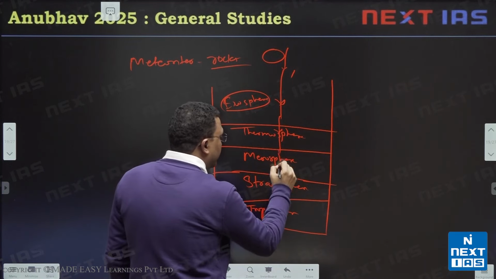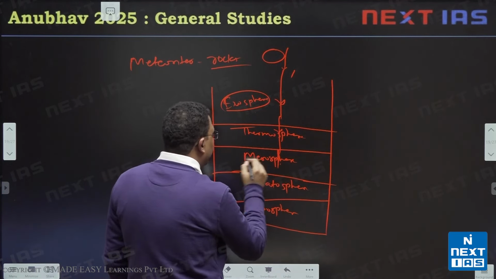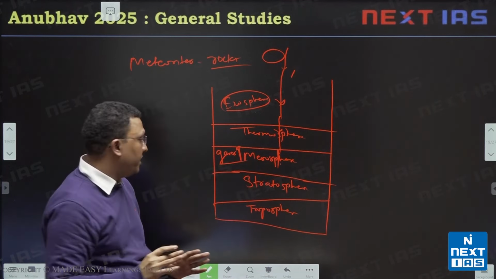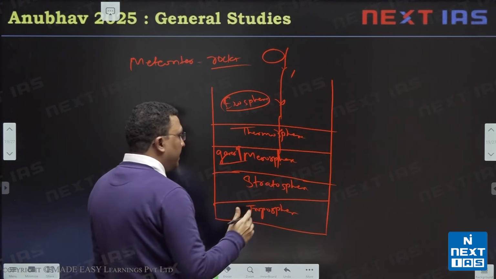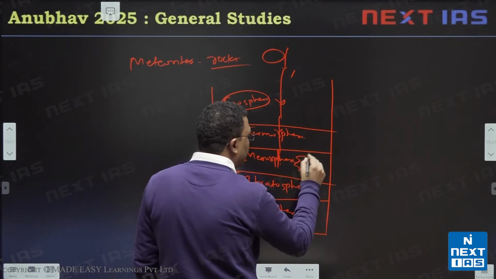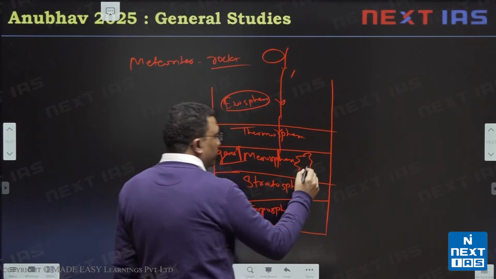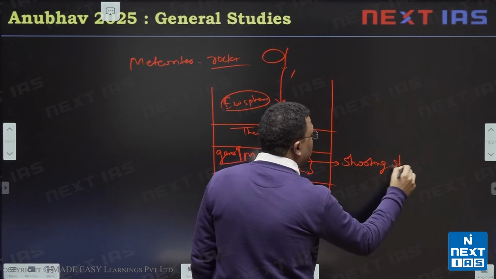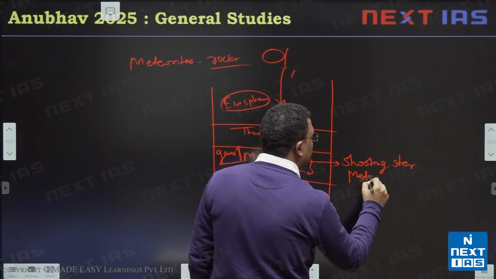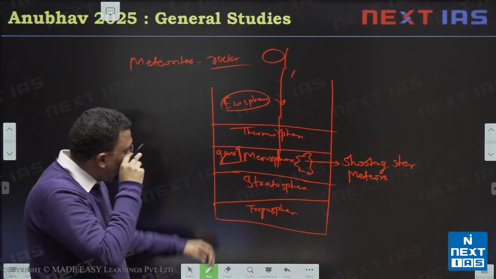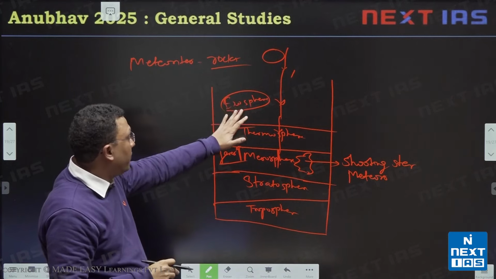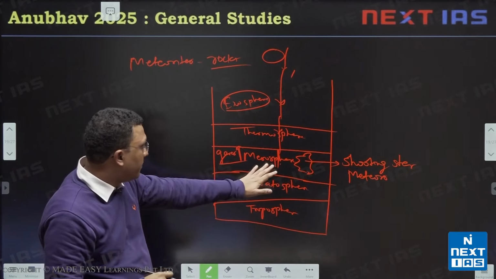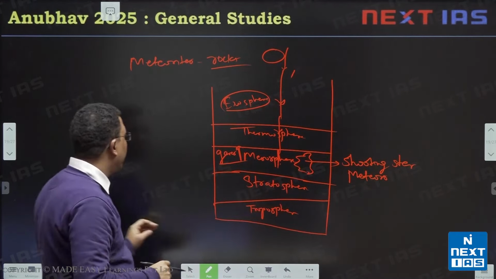But when meteorites come to the mesosphere, the density of gases here is sufficient to cause significant friction, and because of that friction, heat gets generated and that burns up the meteorite, right? This burning meteorite is called a shooting star or meteor, right? So basically the meteorite is able to survive the exosphere and thermosphere because of low density of gases, but gets burnt up in the mesosphere because of high density of gases, right?